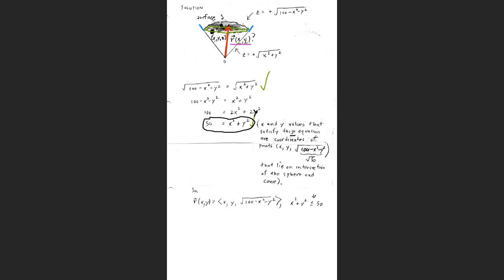Along the intersection, x squared plus y squared equals 50. In other words, along that green intersection between the sphere and the cone, those points, hold on here.